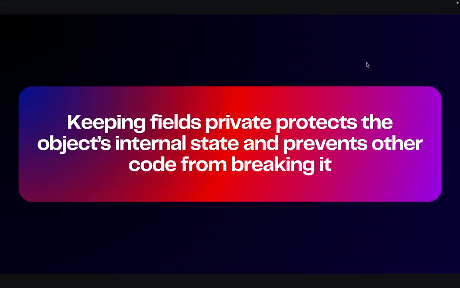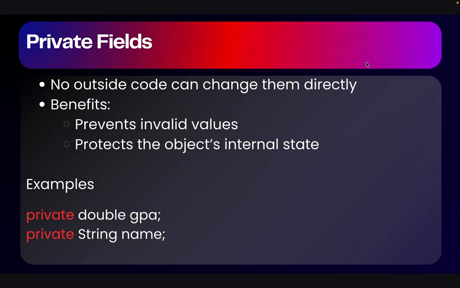So keeping your fields private protects the object's internal state and will prevent it from breaking. And this is why you need to remember that private typically plays an important role when you're working with OOP, your classes and your objects. So private fields make sure that no outside code can change your fields or your data values in your class.